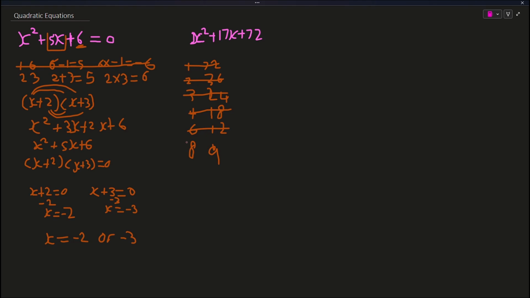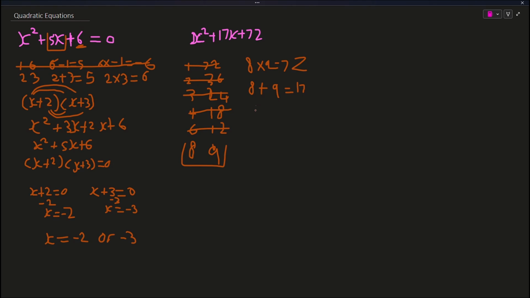So these are the numbers that we want, right? And we can see that 8 times 9 is equal to 72, and 8 plus 9 is equal to 17.